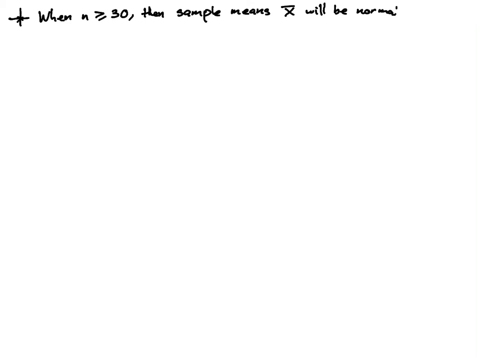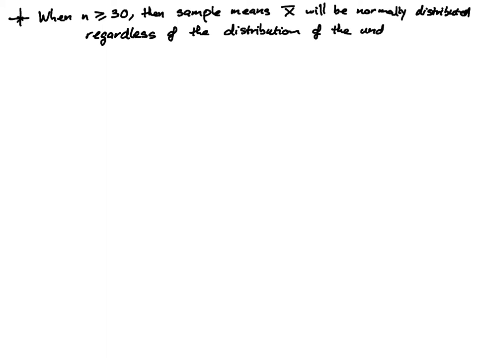So hopefully by now I have convinced you that when the sample size is greater than or equal to 30, then sample means x bar will be normally distributed, regardless of the distribution of the underlying variable.